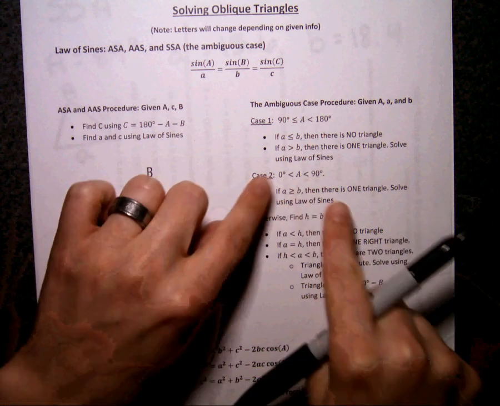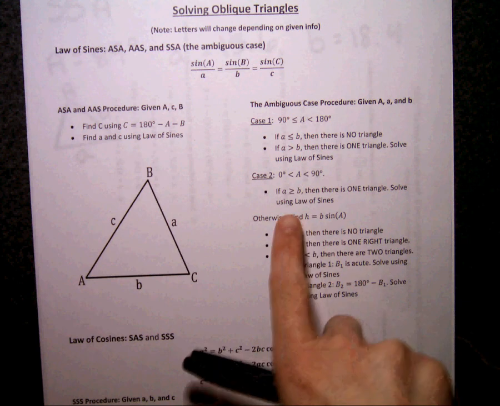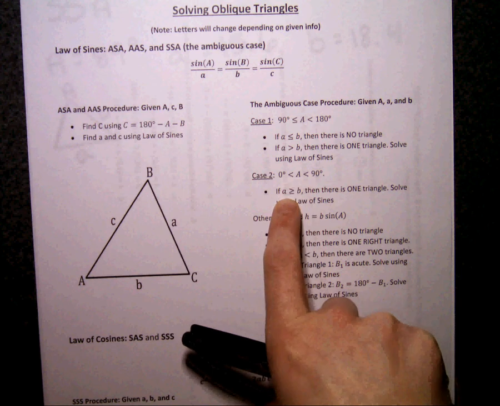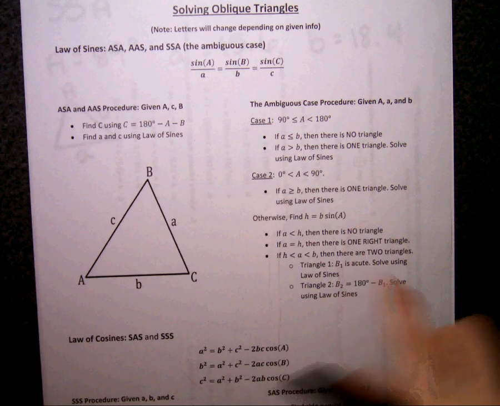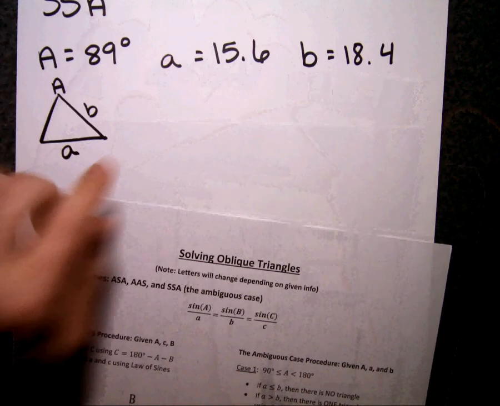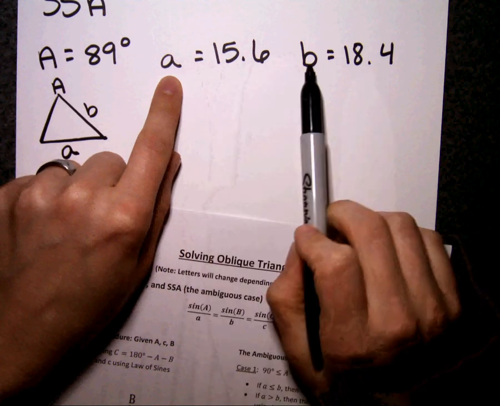The first one is: is the side that corresponds to the angle I'm given, in this case A, larger than the other side? And this is not true. 15.6 is not larger than 18.4.